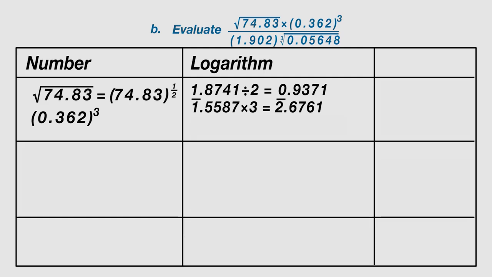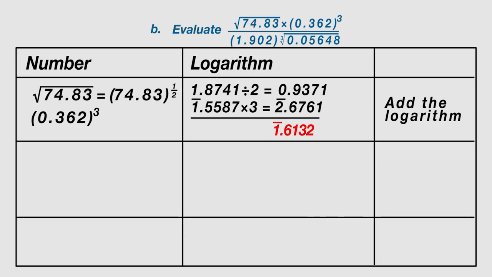Now, because the two numbers in the numerator are multiplying, we will have to add their logs. So, adding the logs of these two numbers gives us 1.6132.